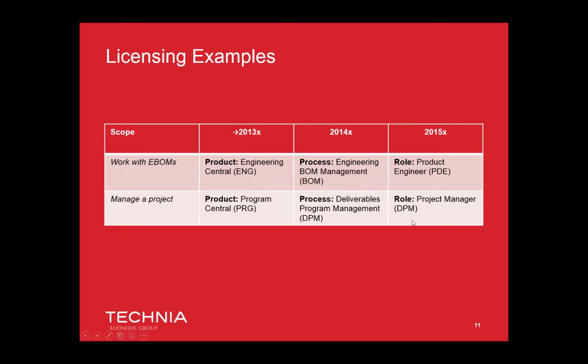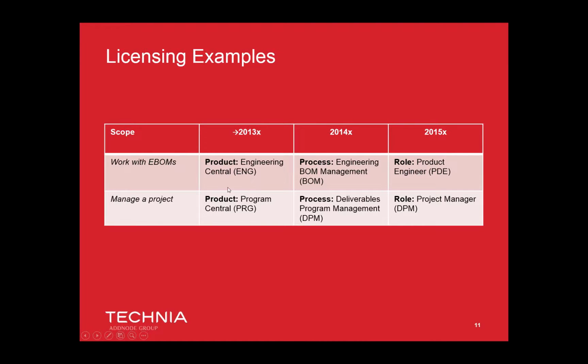In 15X, the packaging is that the role product engineer, called PDE, that a customer would buy a named user license for, contains the functionality needed to manage everything EBOM. Also classifications, and those are represented as apps in the user interface.